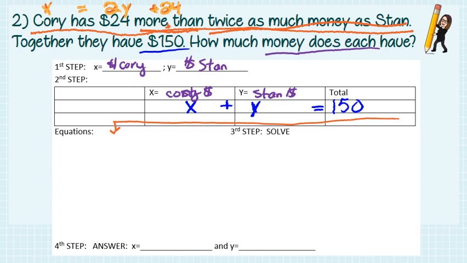Twice means 2 times. Stan is our y value. So now you can see that that equation doesn't fit in the table. It looks different. So x equals 2y plus 24 is my second equation. My first equation, I'm going to bring that down, was x plus y equals 150.